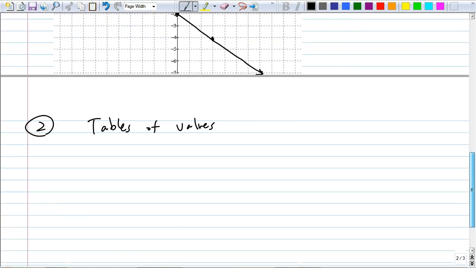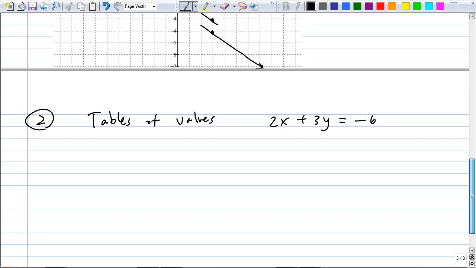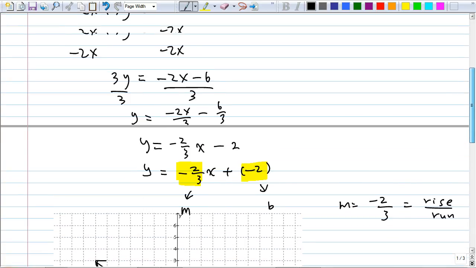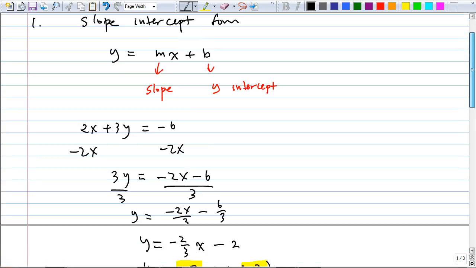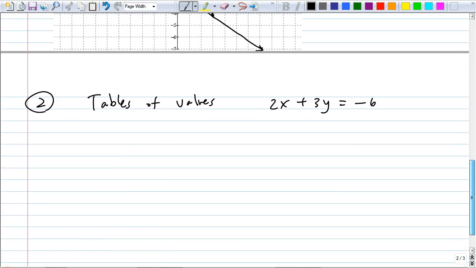If you remember how to do tables of values, we're going to use the same exact equation that we had before, which was 2x plus 3y equals -6. And just like before, our first step is to solve for y, because when we're using tables of values, we want to solve for y.